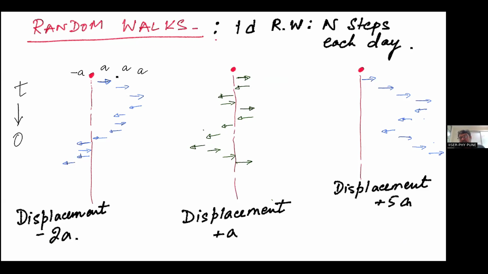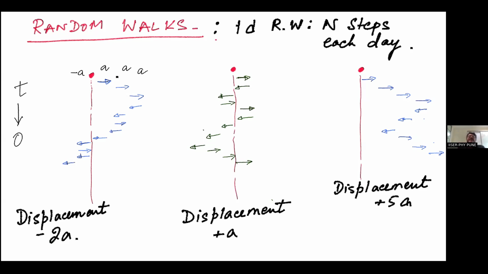Now, on the third day, he might again start out from the bar. And on this day, you see that he's moving a lot to the right. So 3, 4 steps to the right, one step to the left, then he again comes back. But finally, after quite a few steps, he has a net displacement of 5a, right?